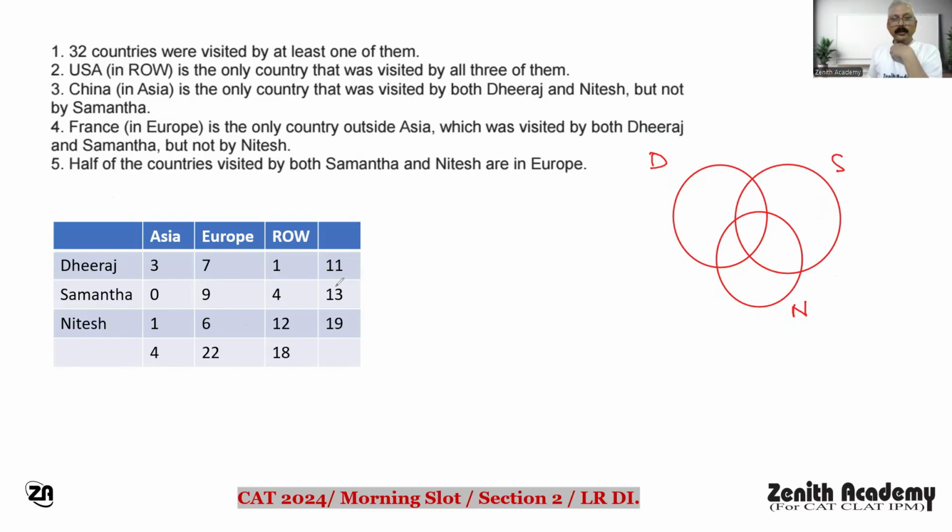So the total visit of Dheeraj is 11, Samantha 13, and then Nitesh is 19. Correct. So Dheeraj visited 11 places, Samantha 13 places, Nitesh 19 places. Look here, the total countries are 32. If we add it, then it is coming to 43. The total number of visits is 43 and the countries are 32.